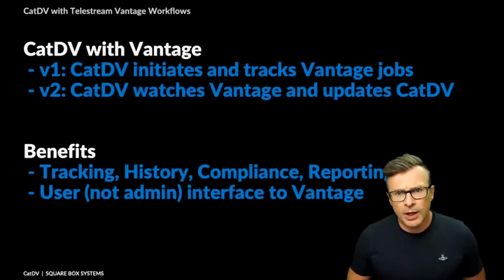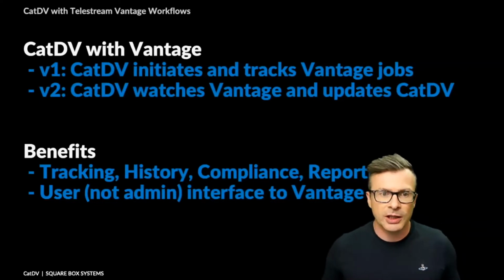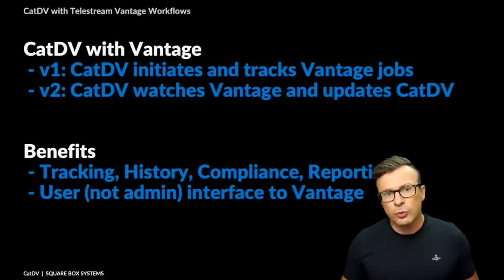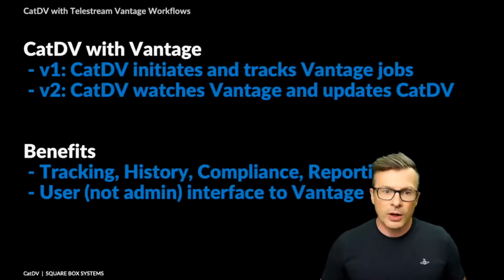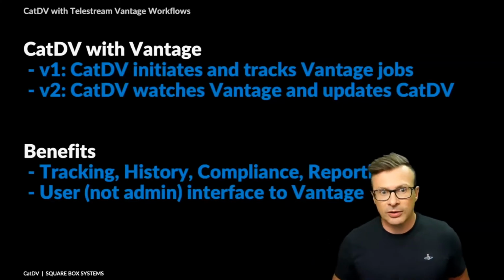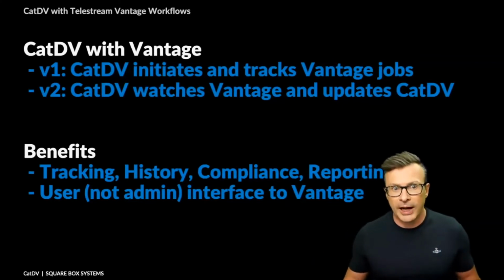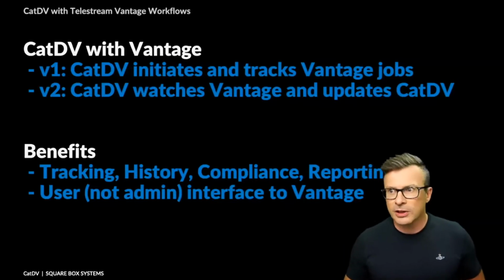We'll probably cover these benefits several times as we go through, as it becomes clear how this stuff works. But why would you want to use Vantage and CatDV together? Well, there's two main reasons. Number one, CatDV is a persistent database. So if you want to have a look back in 6 months' time and say, did that transcode happen? Did we deliver that file?